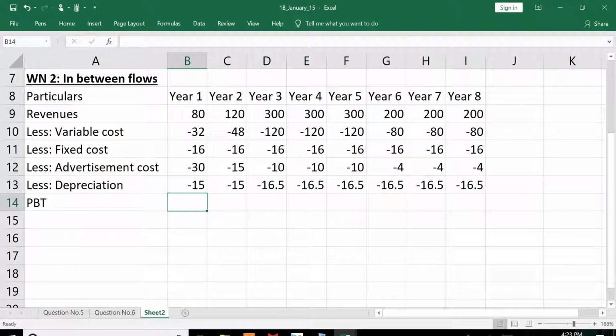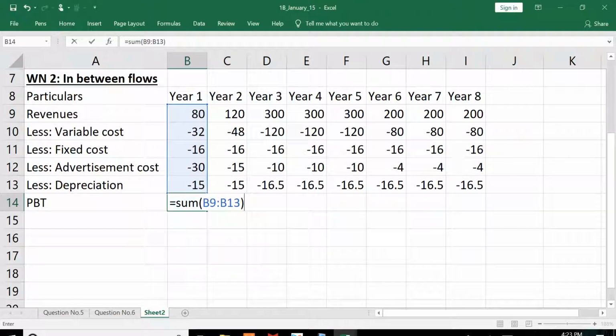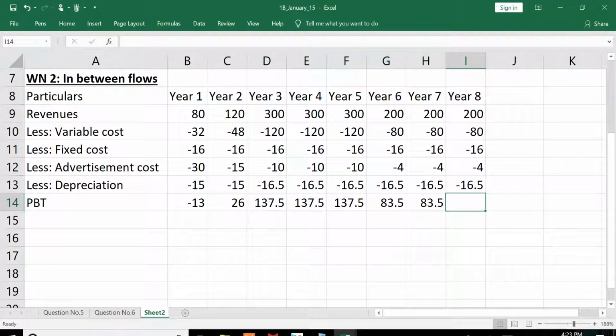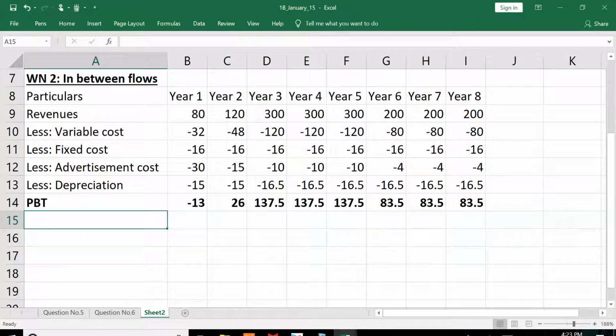Depreciation is 15 lakhs for the first 2 years and 16.5 from third year onwards.